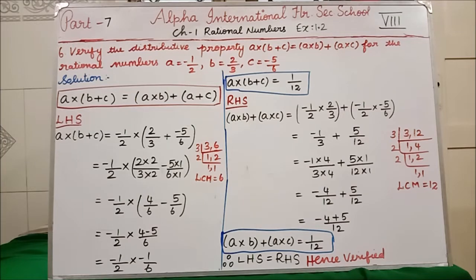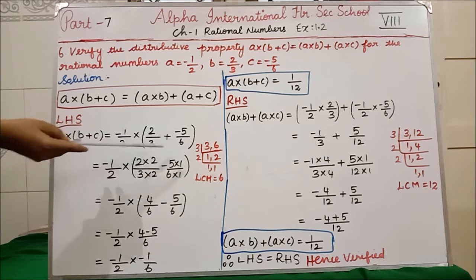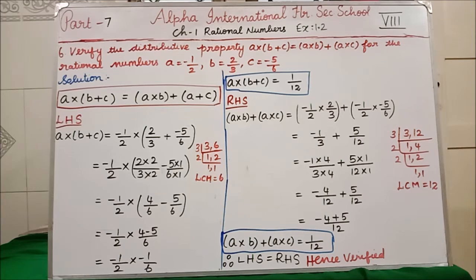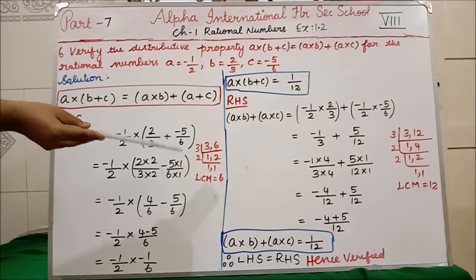Students, next step we will see minus 1 by 2 into, if you see, both the denominators are different. Both denominators are different means what? We have to go for LCM, or else we can do the cross multiplication, I have told you. Here, 3 and 6, we can take LCM itself. It will come very easy. So 3 1 times, 6 how many times? 2 times.